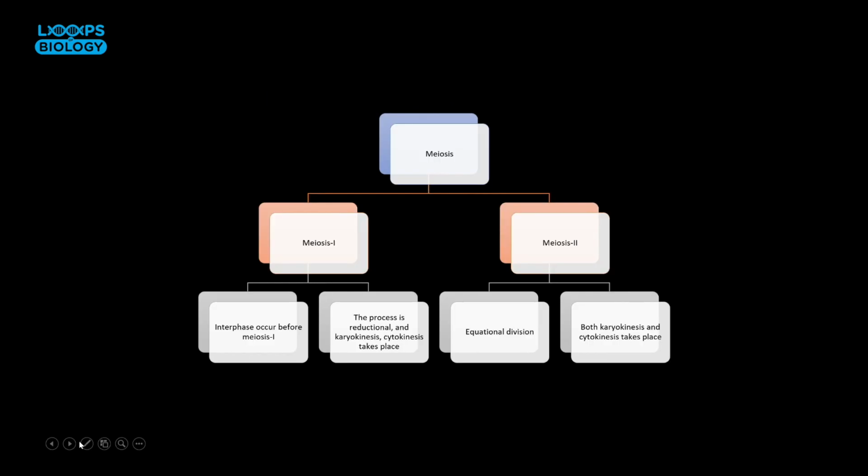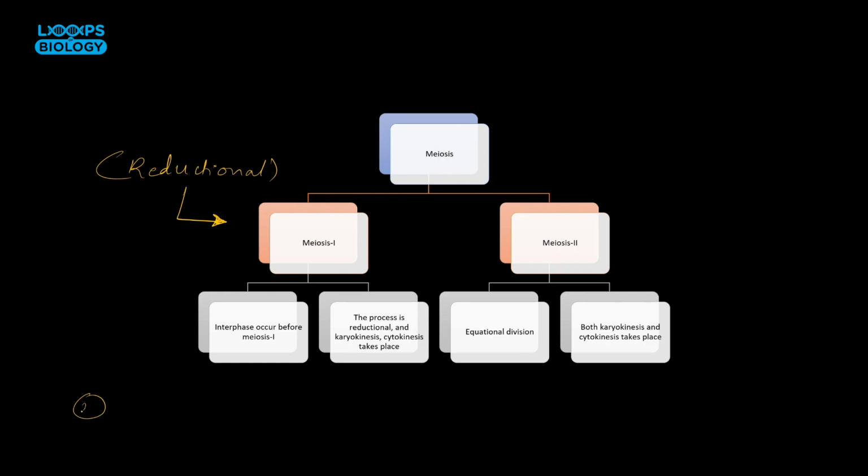Alright. So let's see what meiosis comprises. Meiosis comprises two phases, meiosis 1 and meiosis 2. Meiosis 1 is the reductional phase. That means the total number of chromosomes is going to get halved in meiosis 1.